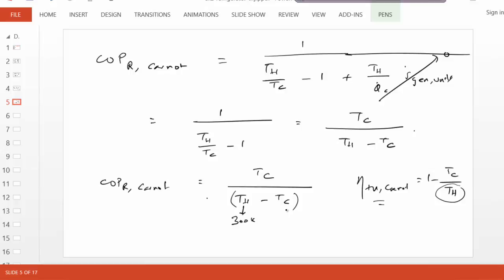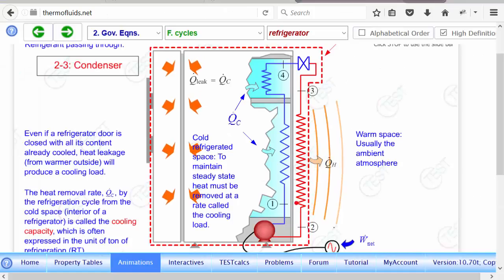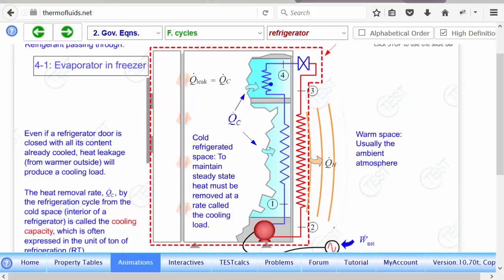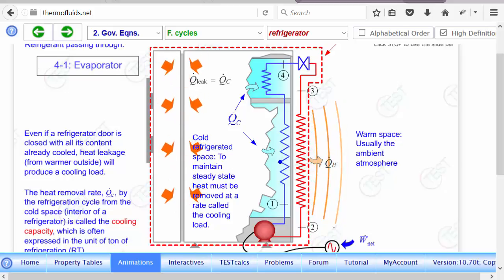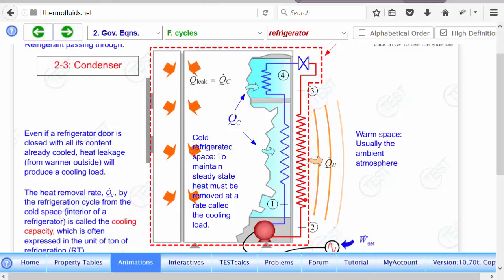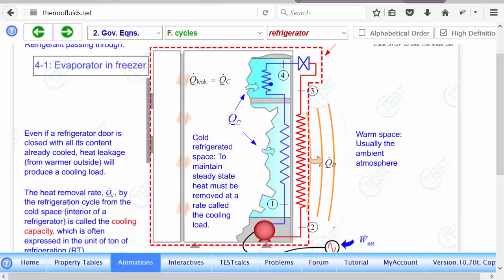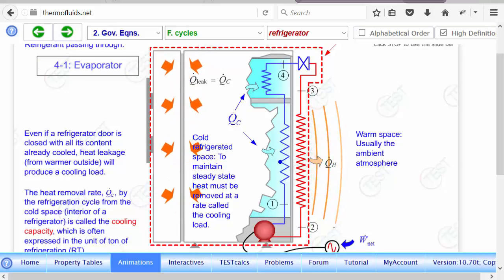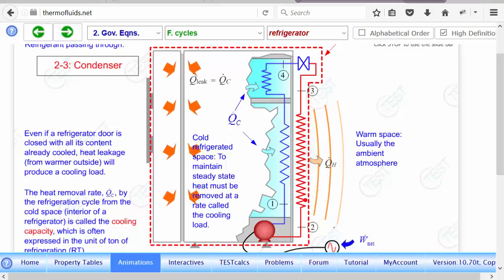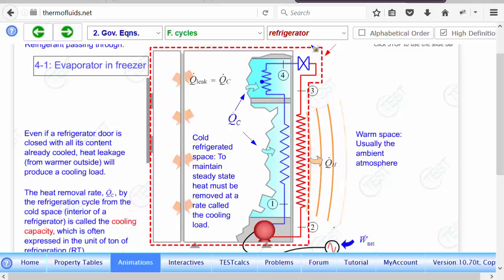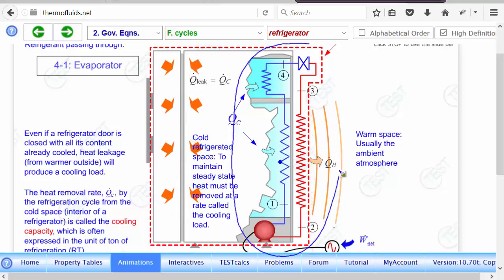Just to relate all these terms to a practical system, let's go to an animation of a household refrigerator, but we don't have to go through all the details here. Just to understand the overall thing, so here's the refrigeration box. What we call a refrigerator in thermodynamics is really this particular cycle that's going on here.